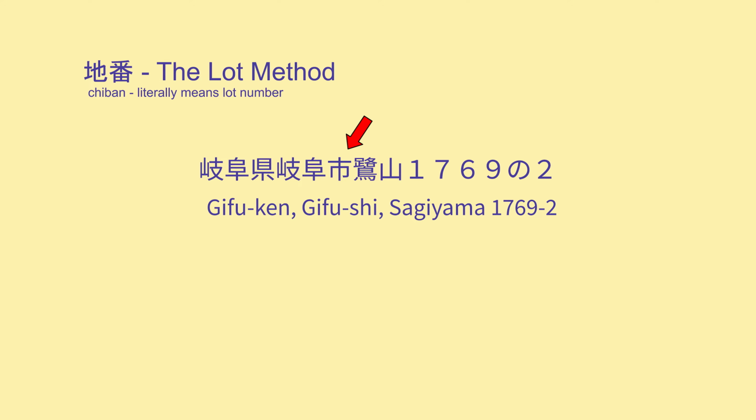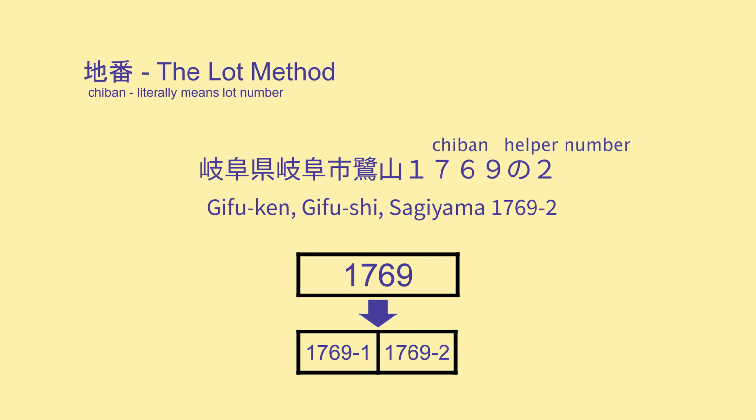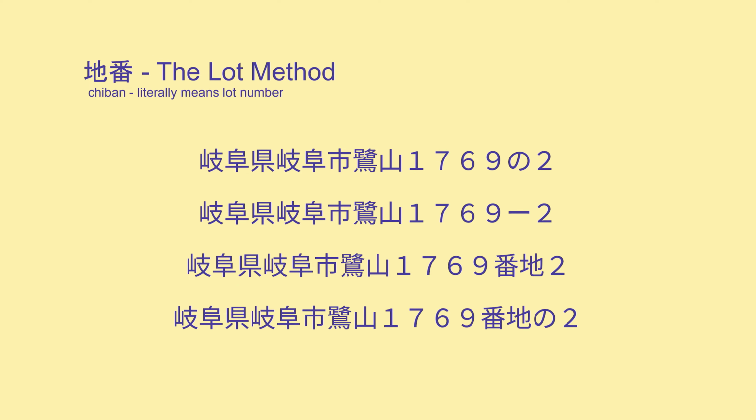Gifu-ken, Gifu-shi, Sagiyama, 1769 no 2, where 1769 is the Chiban and 2 is the shigo or edaban, which tells us that at some point in time, this Chiban was split from a larger one. The way to write the most correct Chiban depends on your jurisdiction, but here are a couple ways you could see it written.